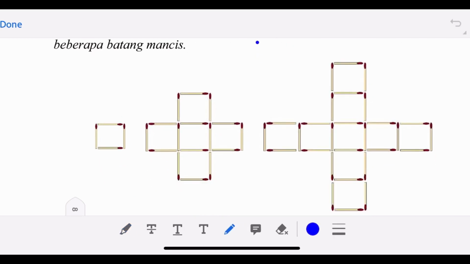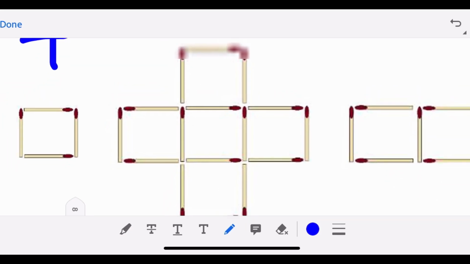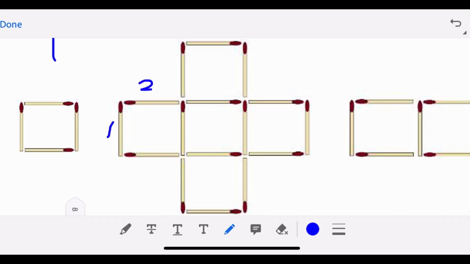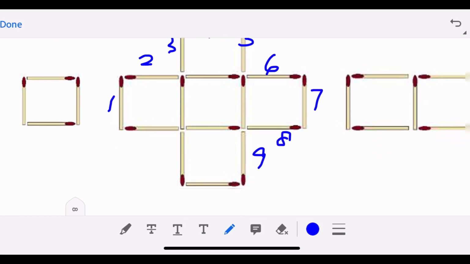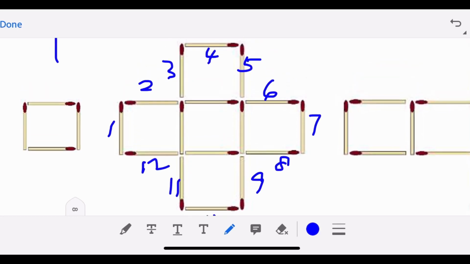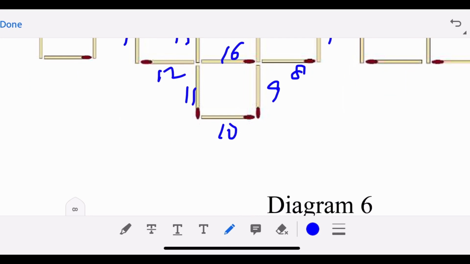So you can list out the first terms actually. The one starting is 4, followed by, you can try to count, 1, 2, 3, 4, 5, 6, 7, 8, 9, 10, 11, 12, 13, 14, 15, 16.